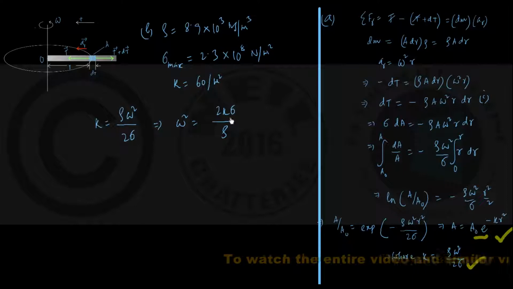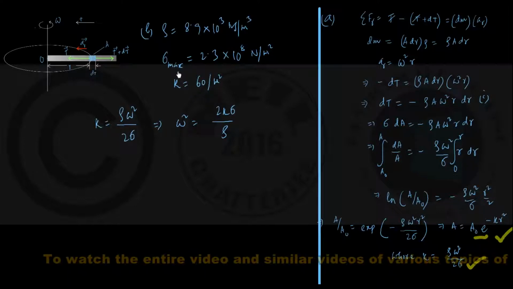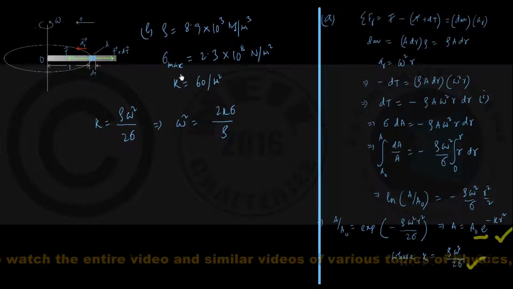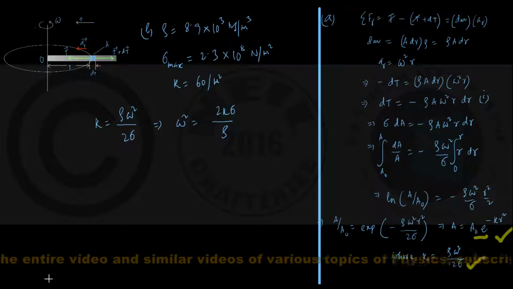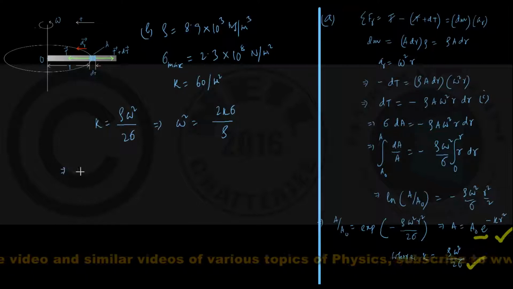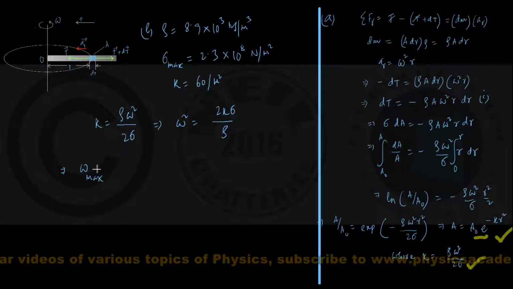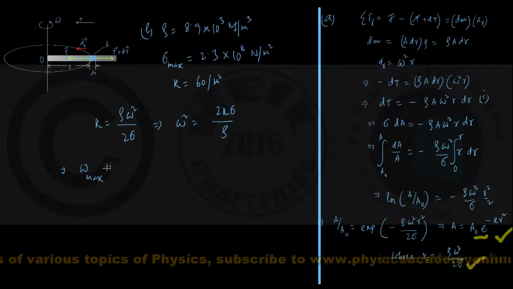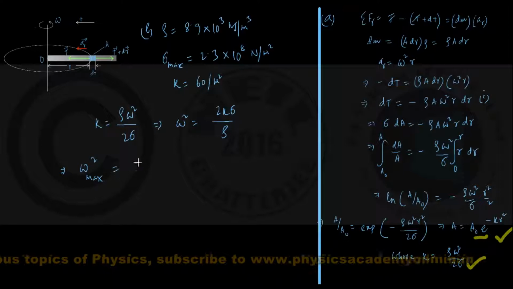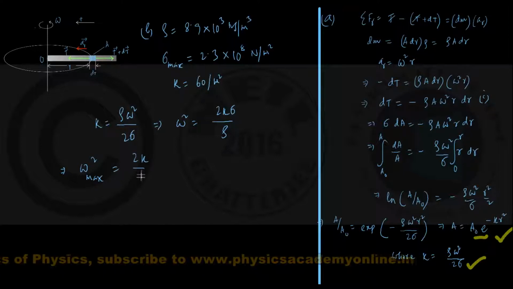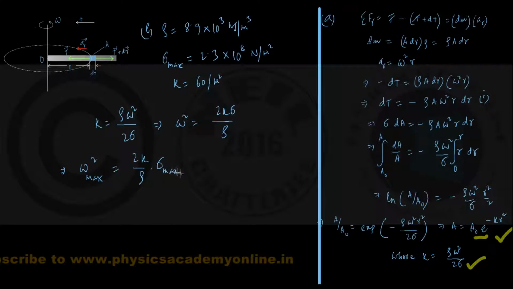And at a particular limiting value of omega, this stress will be equal to the breaking stress above which the rod will break or snap. So we might write down for that limiting situation the maximum value of angular velocity, well, squared, this is coming out to be 2K by rho into sigma max.